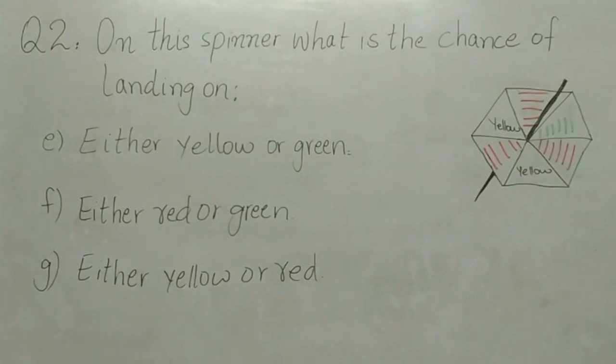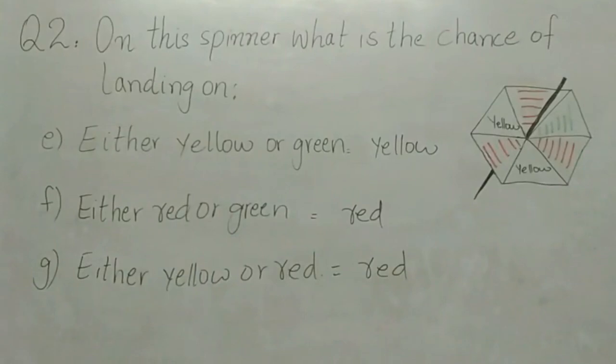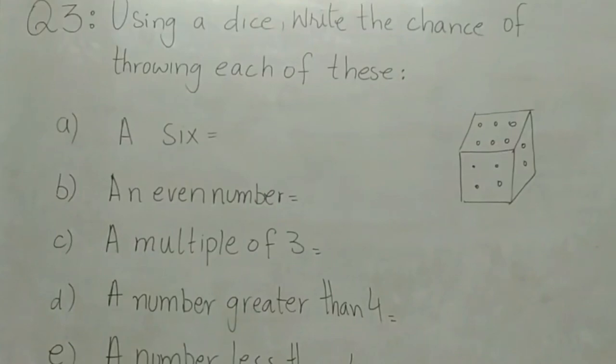In the F part, you write the answer which comes in red or green, which is the most one, red, so the answer is red. And either yellow or red, in yellow and red, there are 3 sides of red and 2 are yellow, so there are more chances of red to come. So we can write like this. Now let's take example of dice to explain probability.